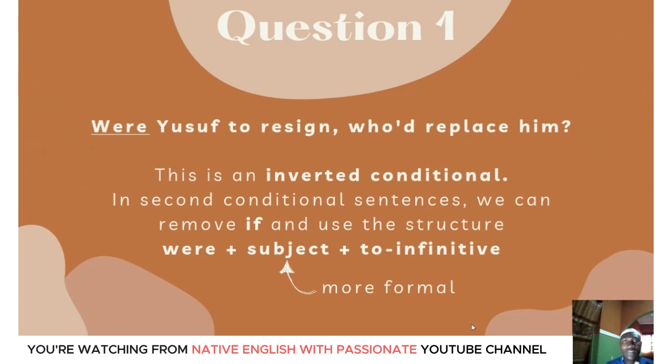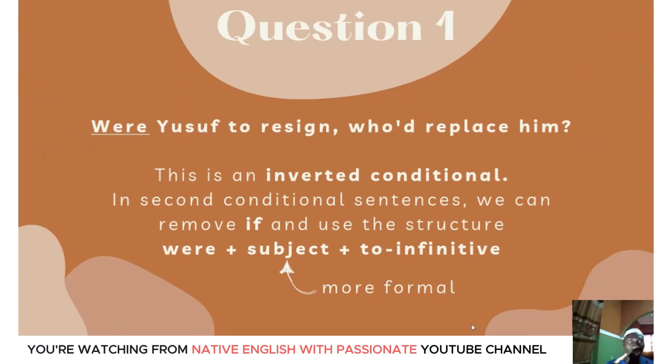While in the second conditional, you make use of would, the past tense of will, and instead of the simple present in the condition, you also change that to past tense as well. So you say, if I were you, I would travel the world.